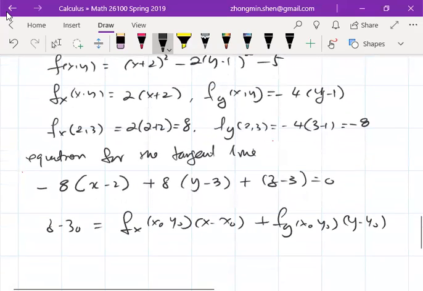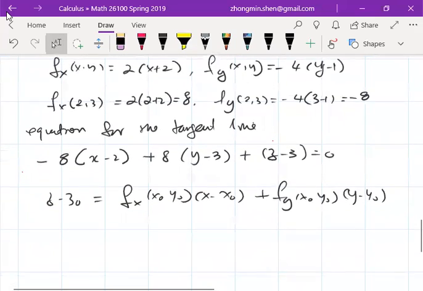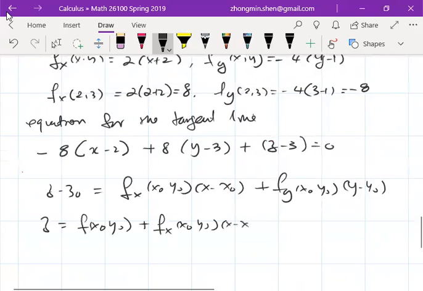That's the general formula, right? And you can also move z naught to the right hand side, written in that form, okay? So there are many ways to describe the equation for the tangent line. So that's not a unique form.